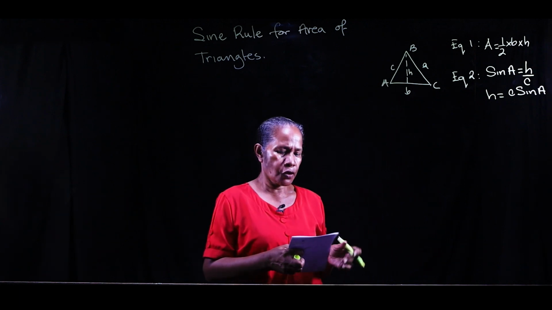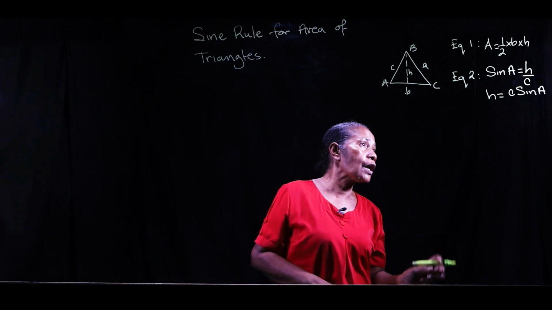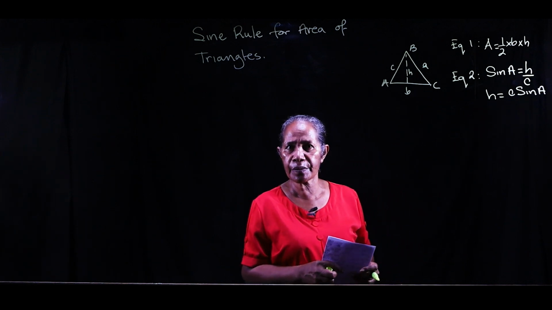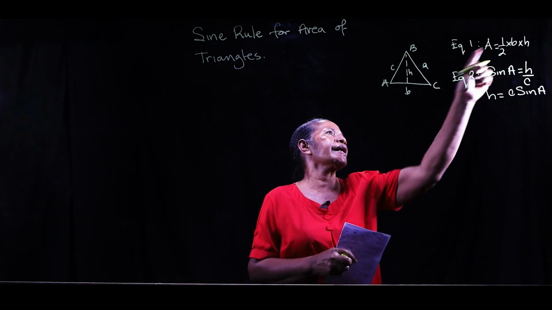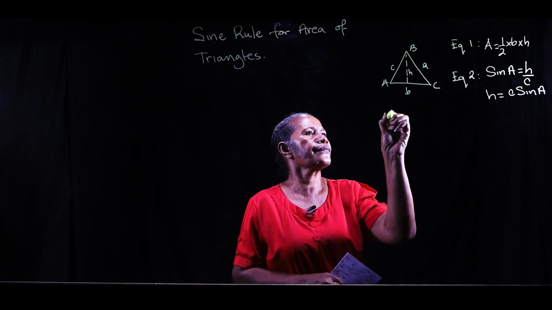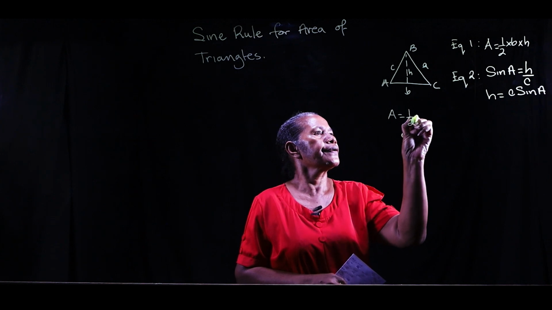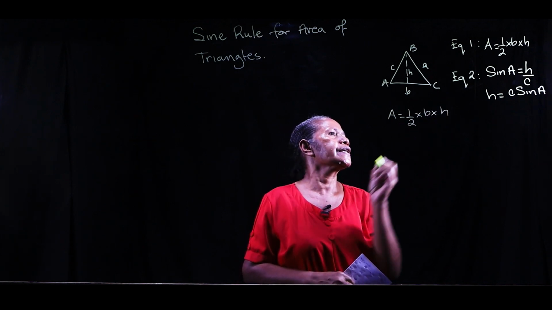Once we have done that, we're going to substitute equation number 2 into equation number 1. Equation 1 is area is equal to half times base times height.